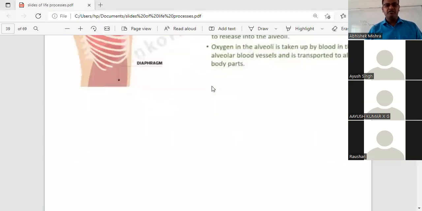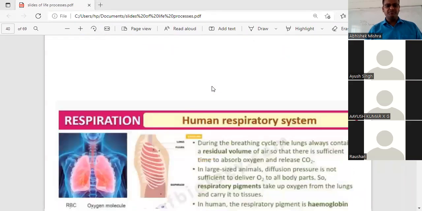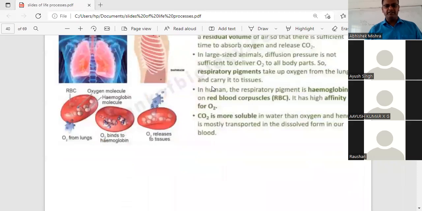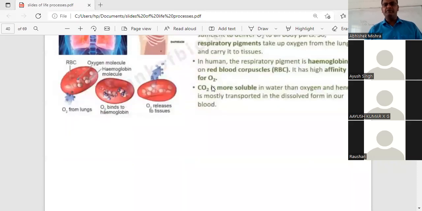One very important thing regarding the human respiratory system is our respiratory pigment. In humans, the respiratory pigment is hemoglobin in the RBC, and it has a high affinity for oxygen. Let me share with you.